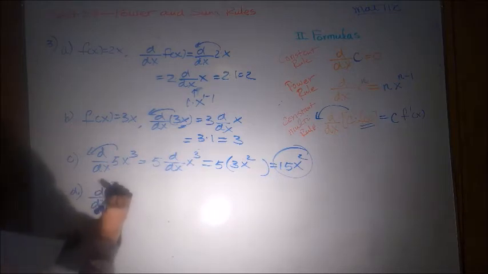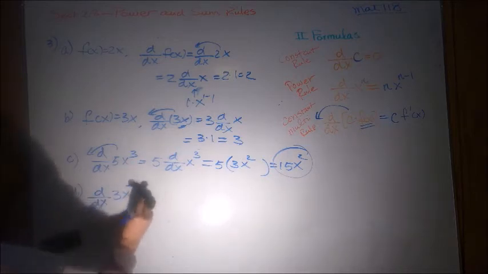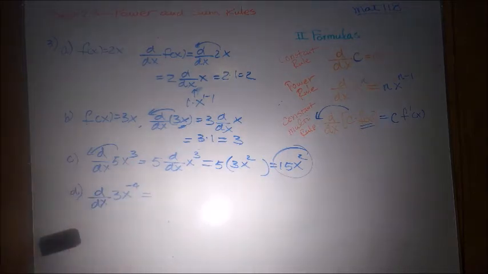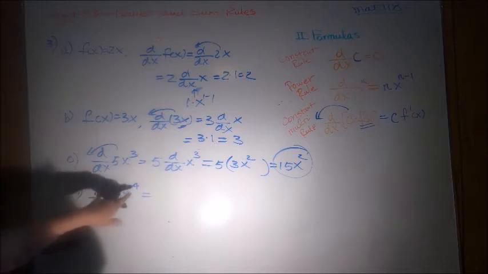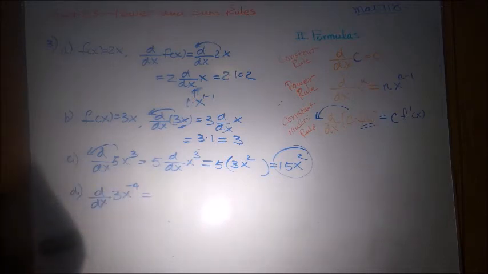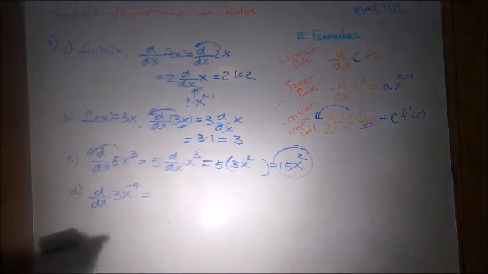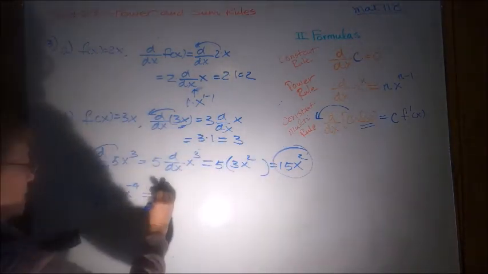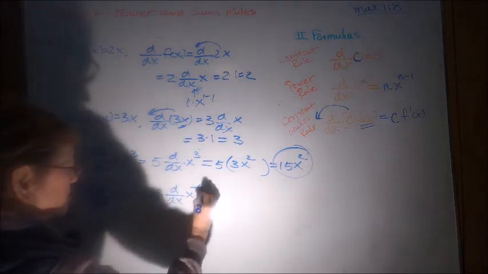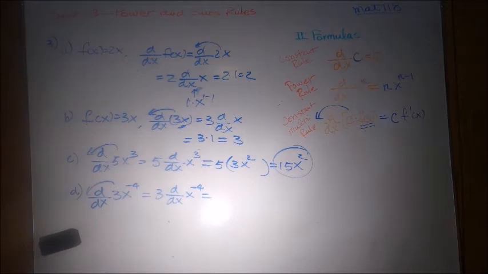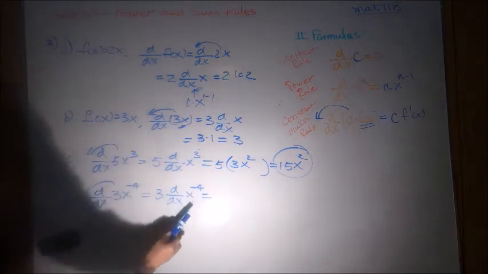Look, the next one, d over dx 3x to the negative 4, right? This is what? Multiplying a constant number with what? A variable with power. Then we just use what? Constant multiple rule. Then put the 3 outside, right? Then we take a derivative of x to the negative 4.